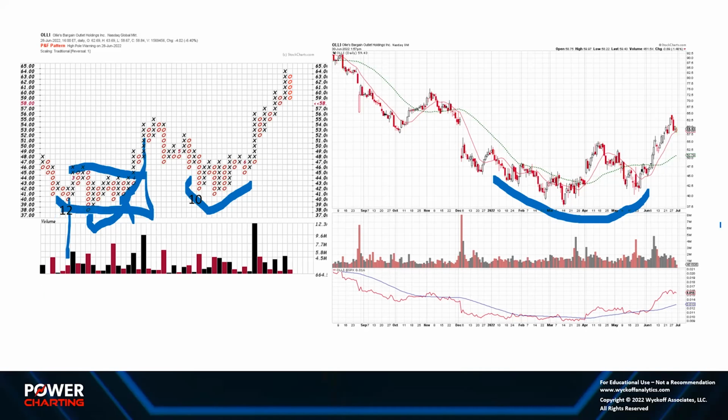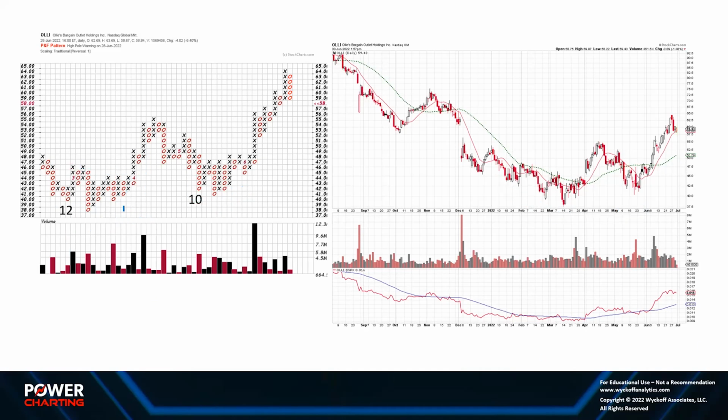And so that's how we determine our count, is to look for those key levels. And we just take and add 12 to 38, and that gives us a count to 50. And then here we count from the count line, which is 41, and that's 53. And that puts us right here. And look at where it just took us, right to the level where another correction set in.